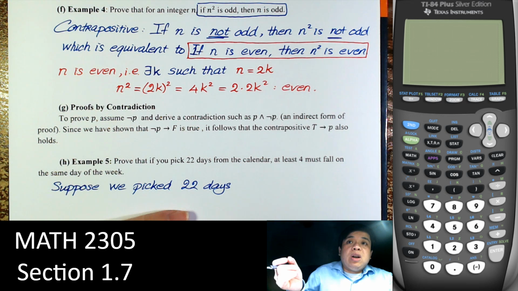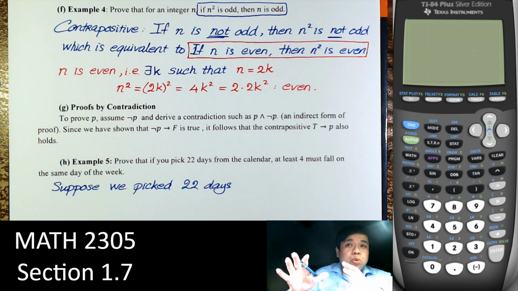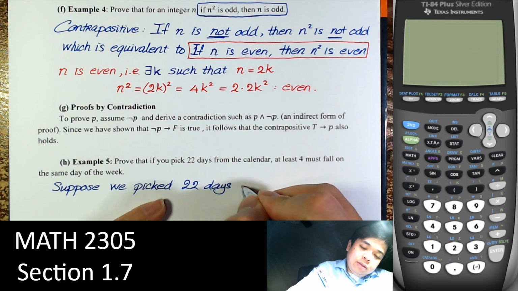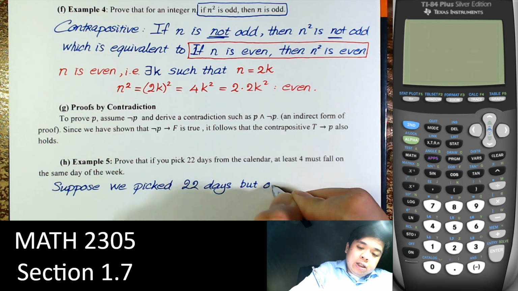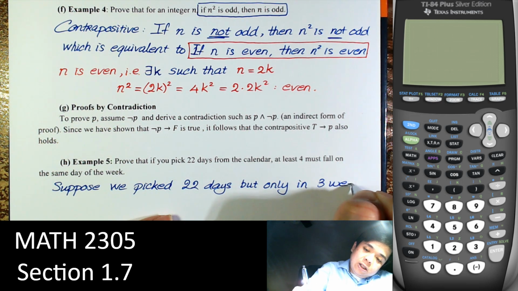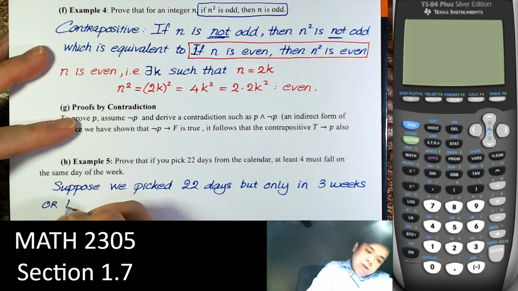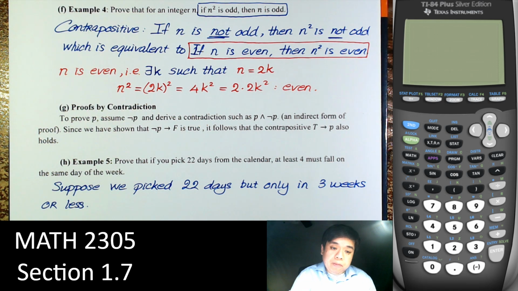The opposite of at least 4 is this: so the proof by contradiction is we assume that it is not true. So suppose that we pick 22 days, but they fall in only 3 per day of the week or less. Now we show that this is not possible.